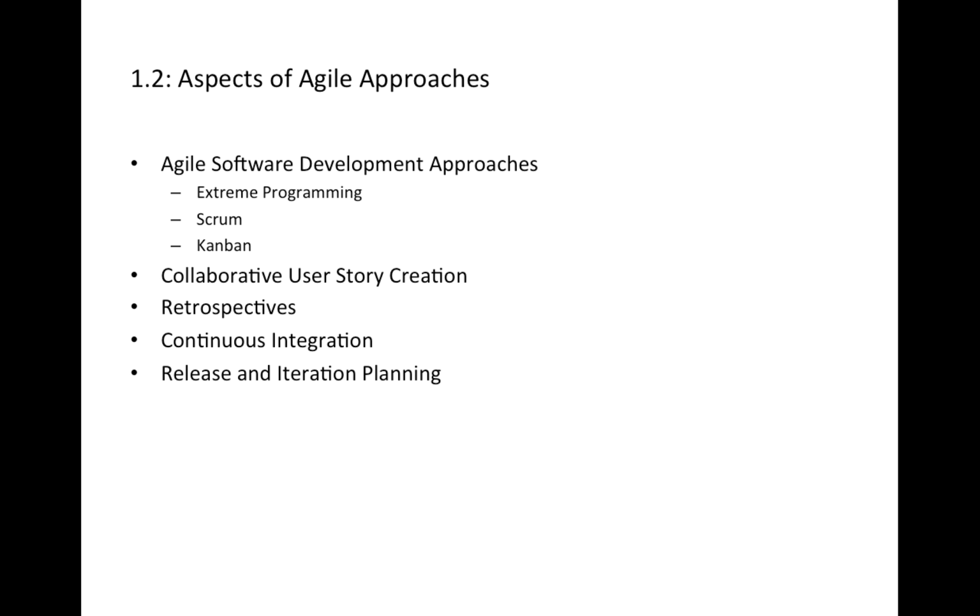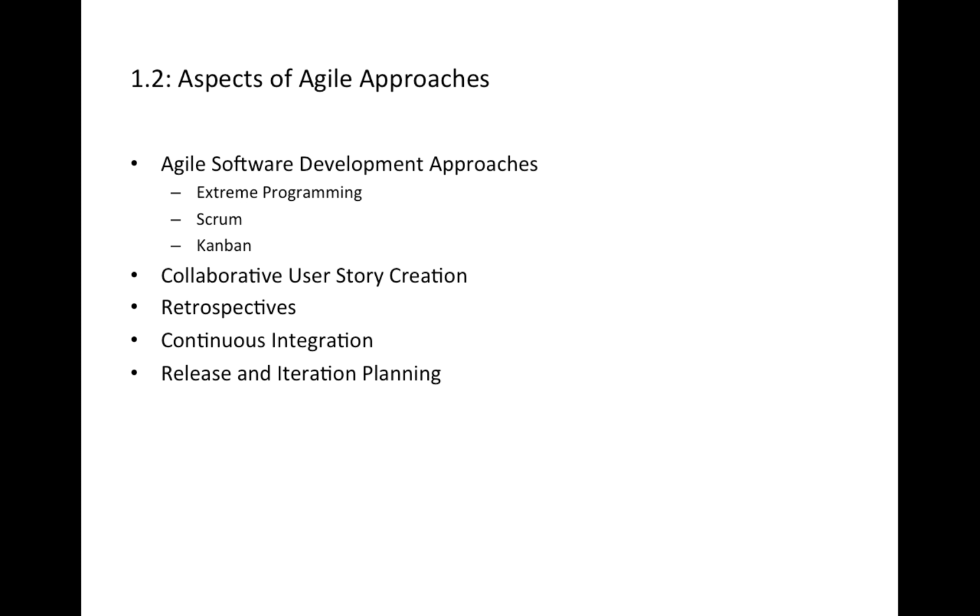The next one is collaborative user story creation. Now what is that? User stories must address both functional and non-functional characteristics, and each story includes acceptance criteria for these characteristics. These criteria should be defined in collaboration between business representatives, developers, and testers.